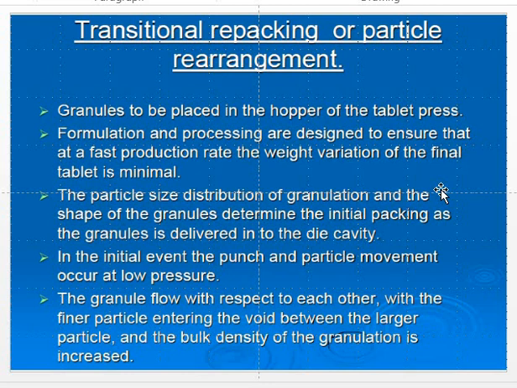The material added into the hopper travels to the die cavity. In the initial event, the punch and particle movement occurs at low pressure. It means your upper punch just touches the material, so there is only a little pressure.